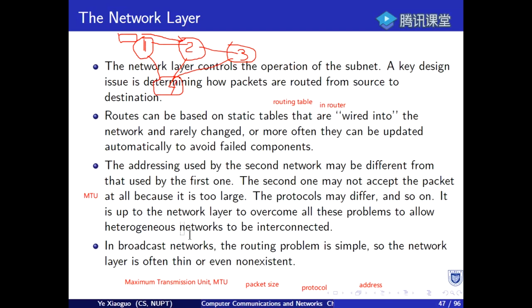So they are heterogeneous. How to connect these heterogeneous networks? Make them interconnected. The network layer should deal with it very well and overcome all these problems.